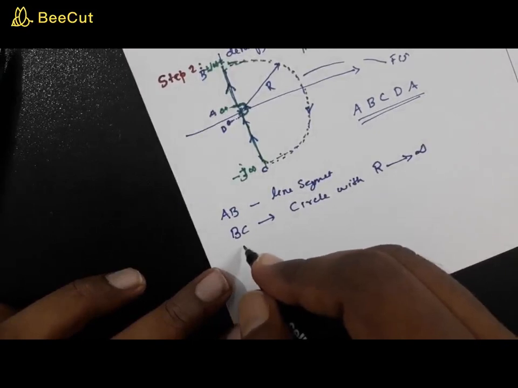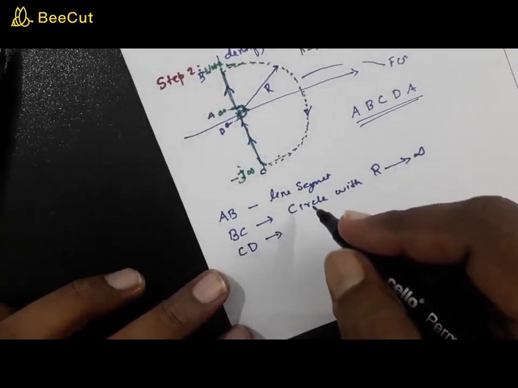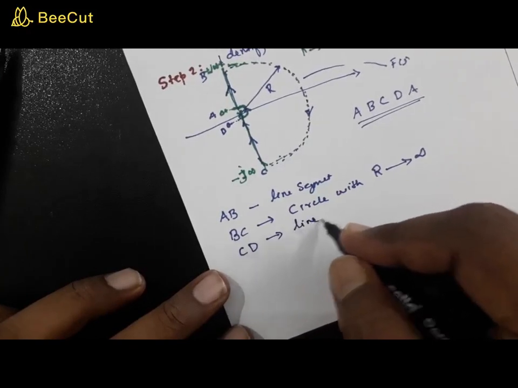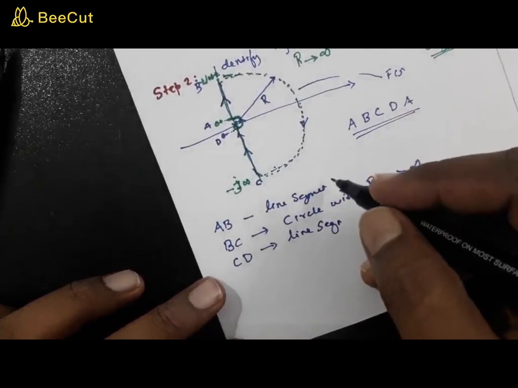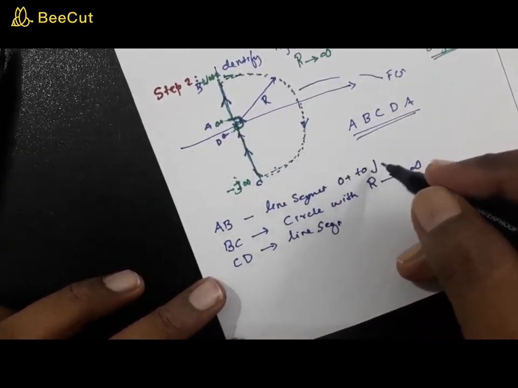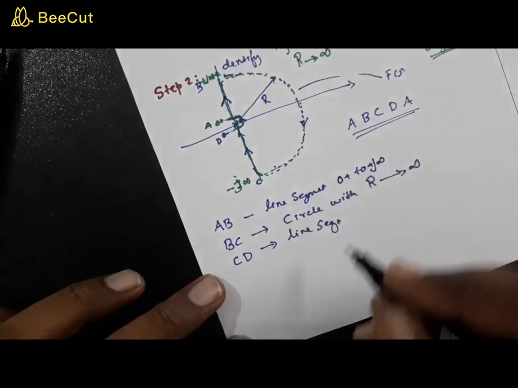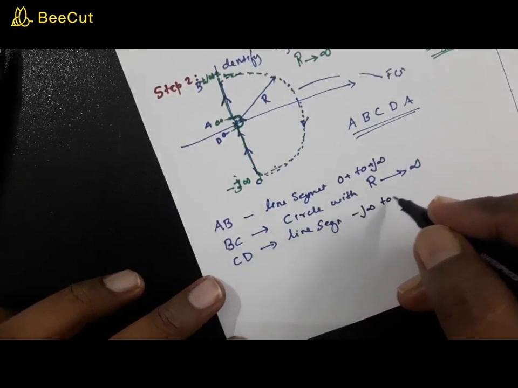Now coming to CD, CD is again a line segment. Now more on this AB and CD. The line segment AB starts from 0 plus to j infinity, while CD starts from minus j infinity to 0 minus.